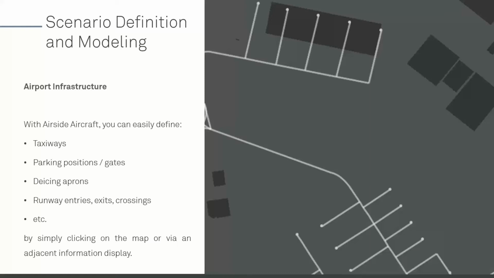There's more to that. You can define the location of stop bars, the standoff positions, or pulling procedures. You can specify the location of your pushback and pull procedures. All of that by simply clicking on the map with an adjacent information display.